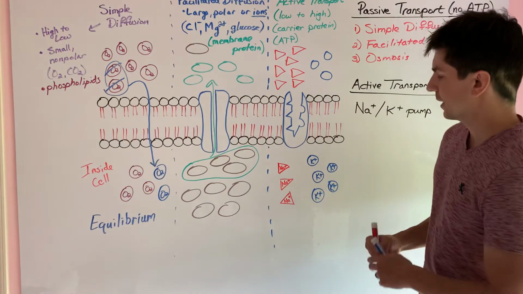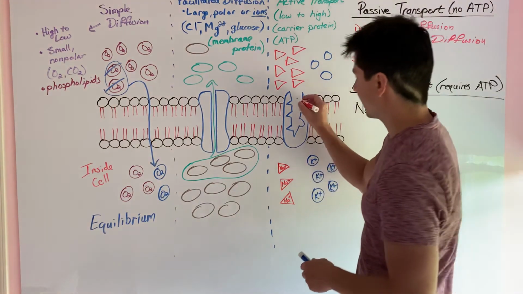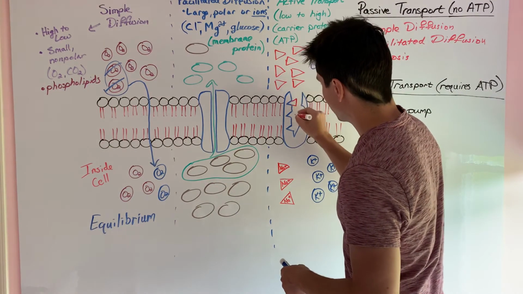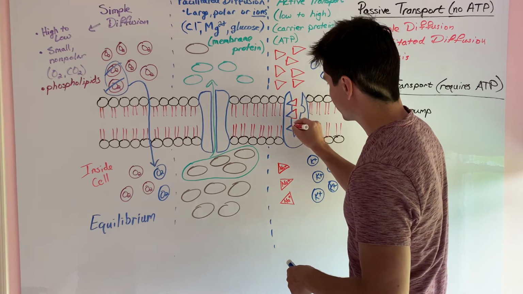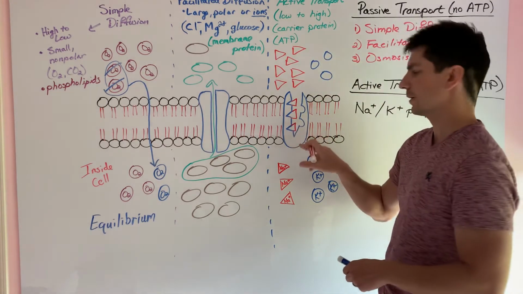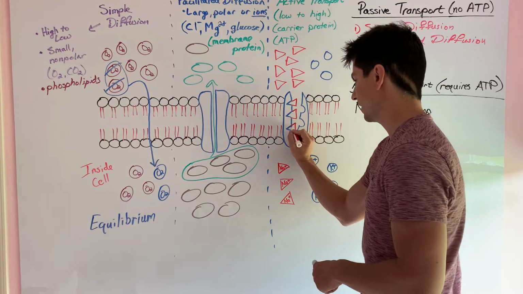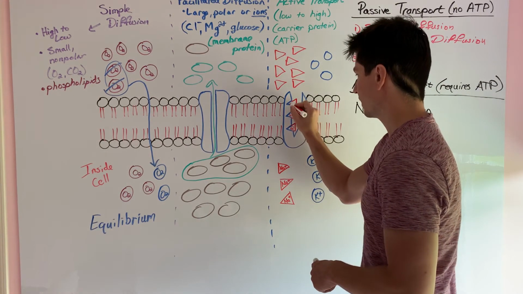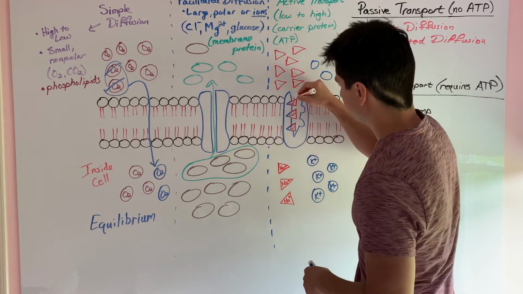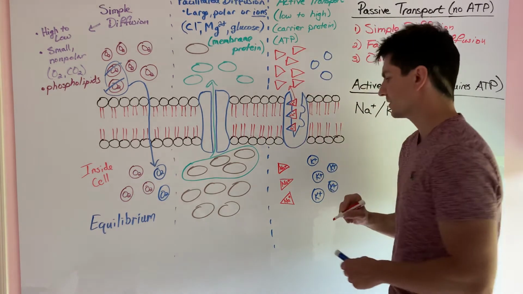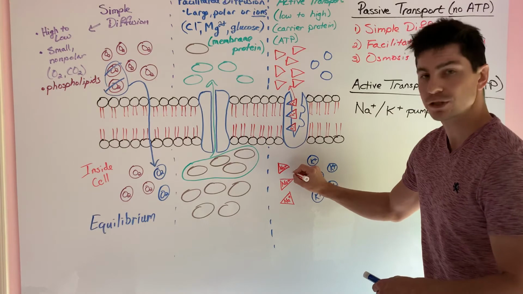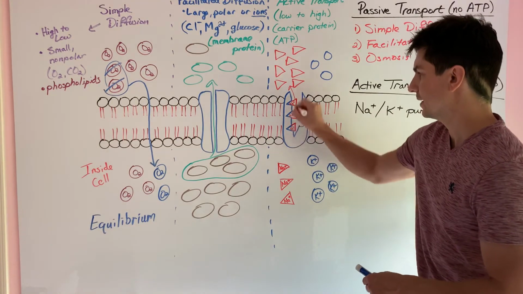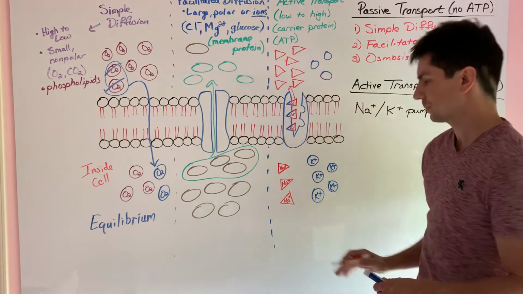So what we want to do, guys, is we are going to get this Na and we are going to bind it into these three little areas on our carrier protein here. So this is Na, this is Na, and this is Na. And what we're going to do is we are going to expel that outside of the cell. It was these three sodiums right here that latched on into that area and got expelled out, okay?